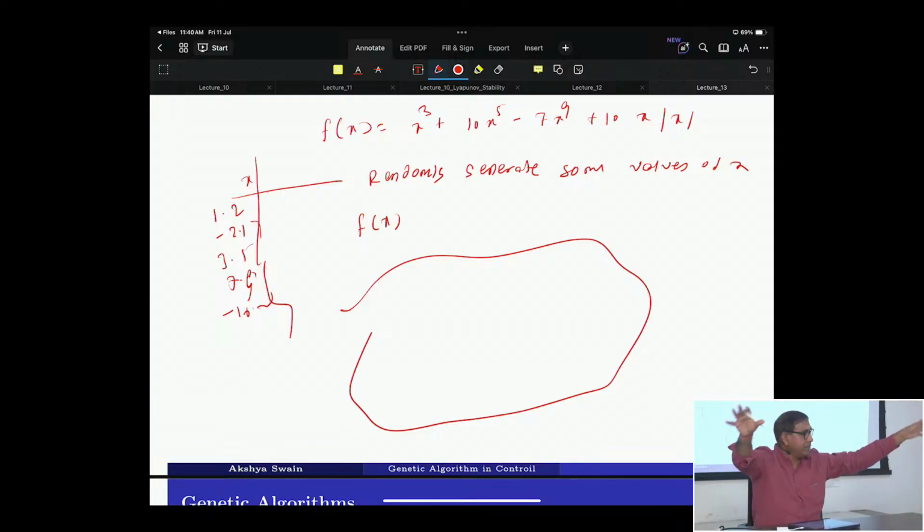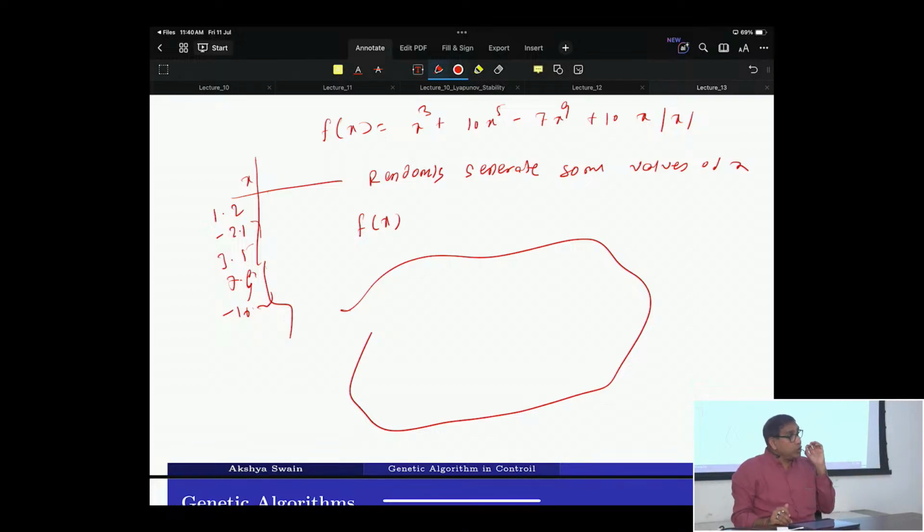I will generate randomly some values, substitute those values in the function and find out what the value is there, and then see which value gives me the minimum. Let us assume the minimum value problem for this lecture, where f of x is minimum, right? You generate few samples, you generate 5,000 samples, it doesn't matter, I am not bothered.